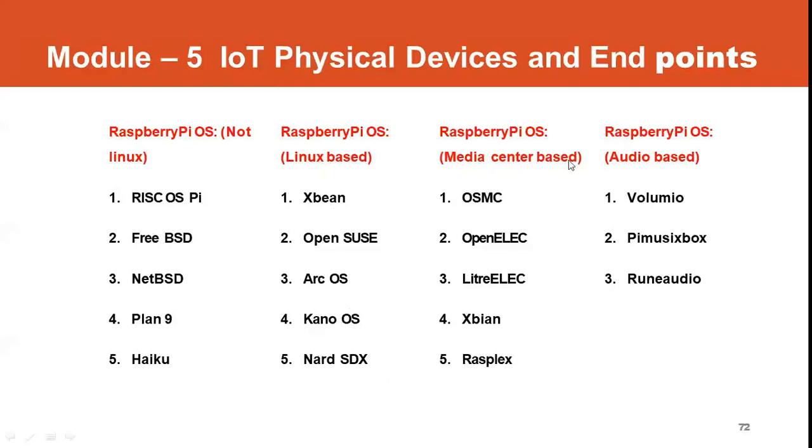Then media centered OS include OSMC, OpenELEC, then XBian, Rasplex. Then audio based operating systems are also there, Volumio, then Pimusicbox, then Runeaudio. So these are a few operating systems that are supported in the Raspberry Pi board.